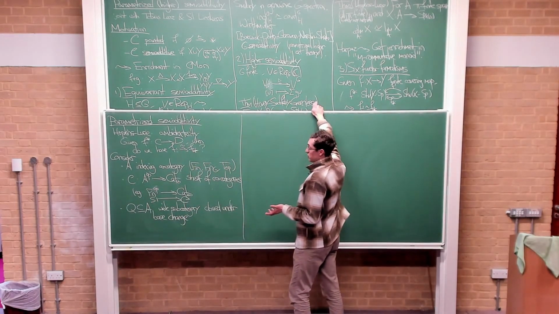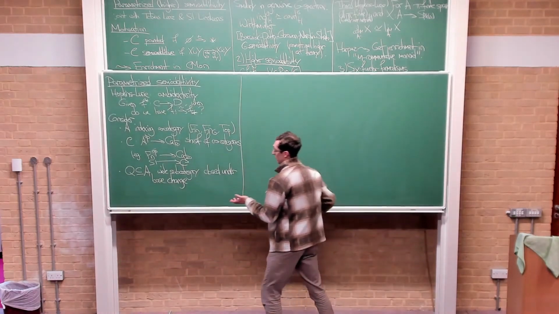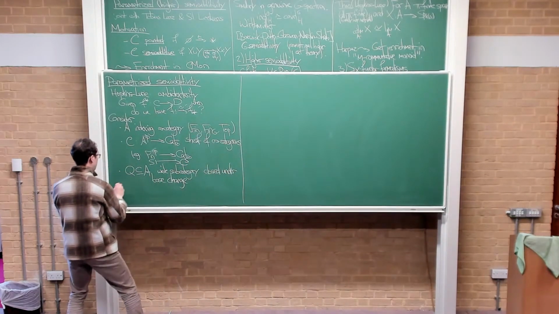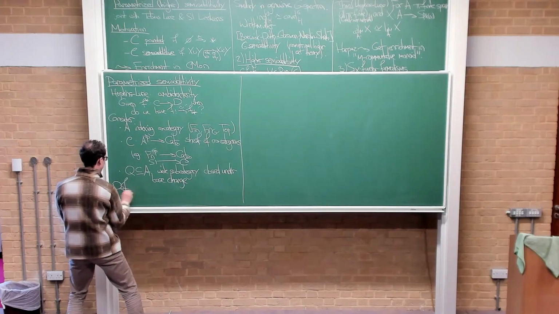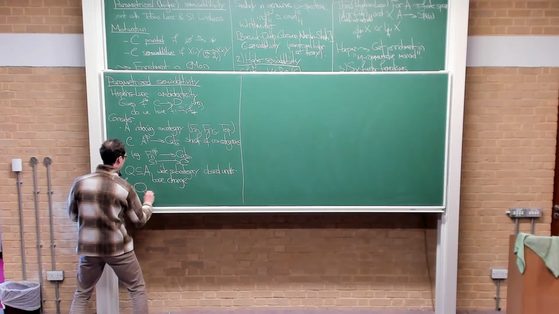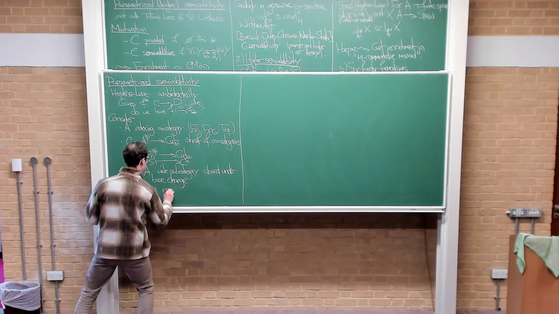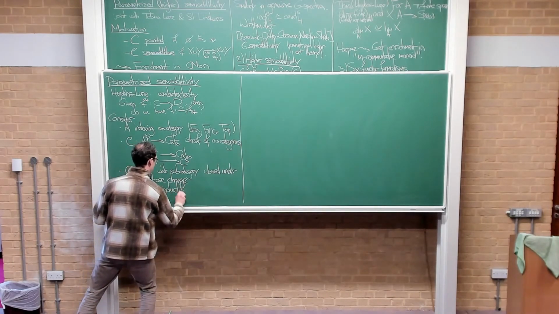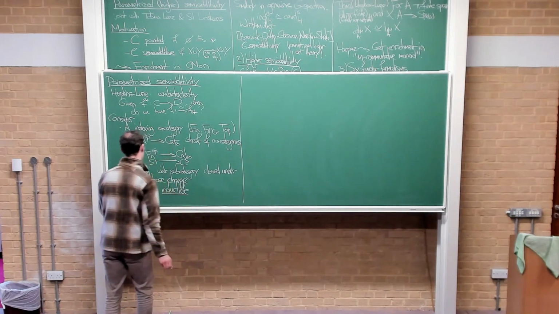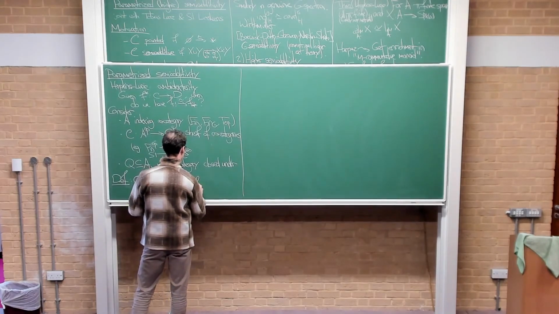And in order to even phrase this, I need to make an assumption on this Q. It needs to be well behaved in a certain sense. So I need it to be what we call inductible. We say that Q is inductible if it satisfies the following properties.